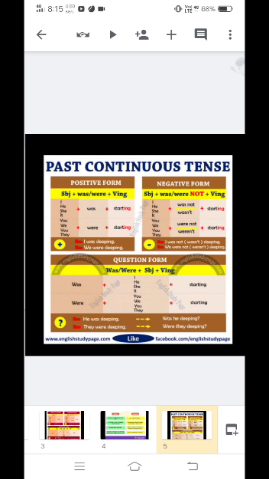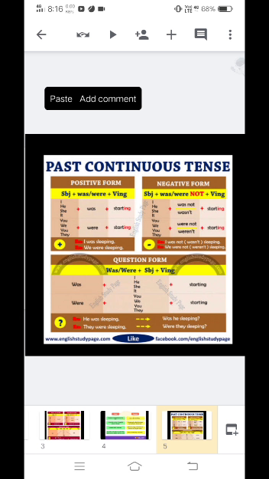Its negative form is formed by putting not after was or were: subject plus was or were not plus verb ing, like he, she, it plus was not plus starting; you, we, they plus were not plus starting. Example, I wasn't sleeping, you weren't sleeping, like that.